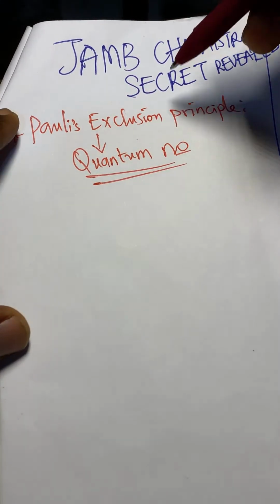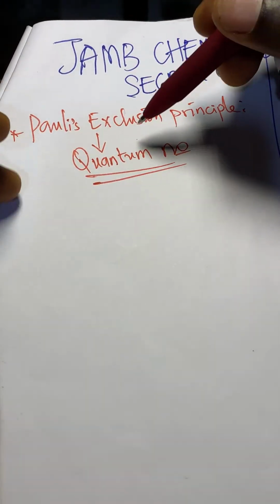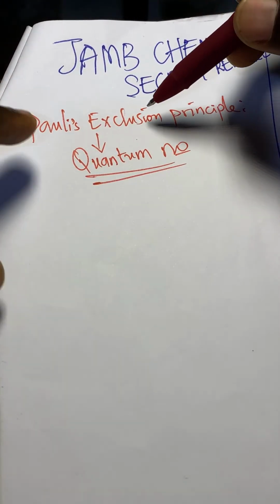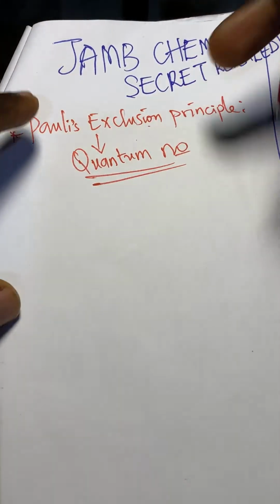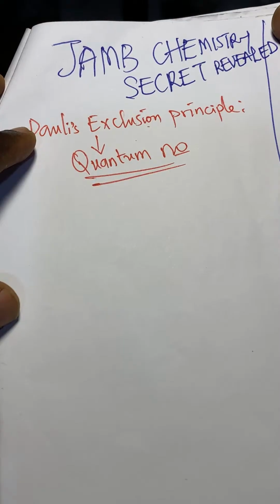Pauli's exclusion principle, like I said, is a principle that says no two electrons in an atom have the identical set of four quantum numbers. Meaning, we need to know what quantum number is all about. Quantum number is just a set of numbers used to describe electrons across orbitals.